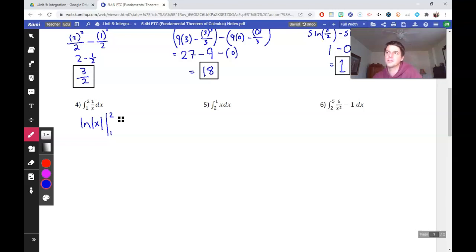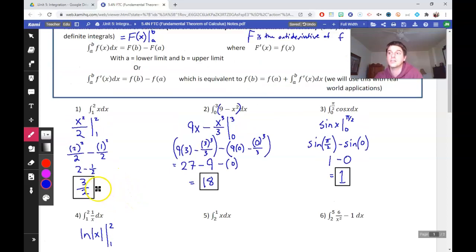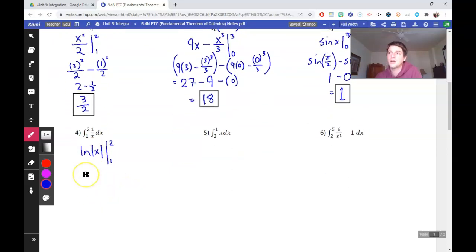One comment as we're doing this, I hope you all noticed, we actually don't have to write plus c, add our constant. One way you can think of it is when you're subtracting these, the constant actually subtracts out because you're evaluating at 2 different places, okay? The other thing is you just have to know for indefinite integrals, you always must add that constant, but for definite integrals, it actually never shows up in your final answer.